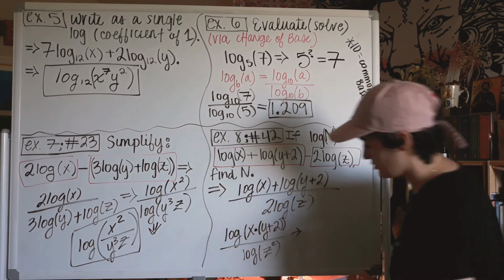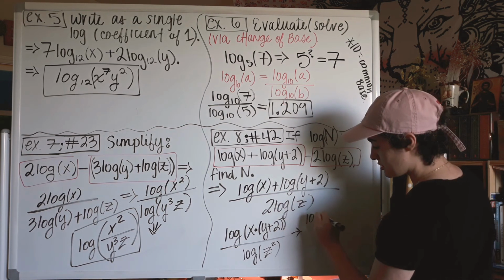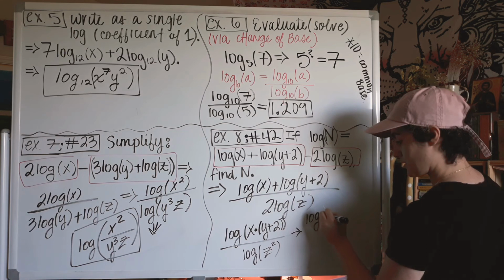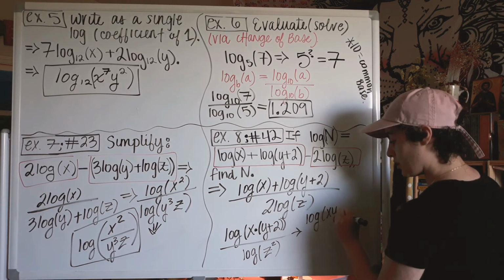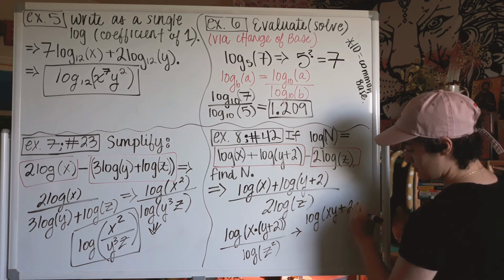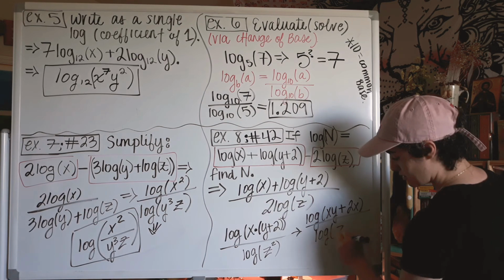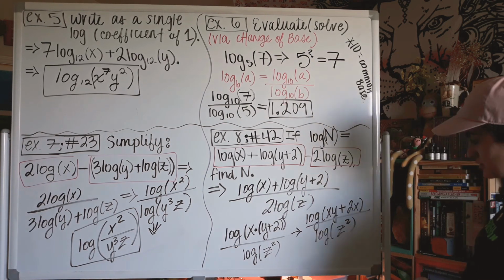Let me see here, give me a minute. It could just be, so I'm just going to do this. Let me see if this works. xy plus 2x all over log of z squared.